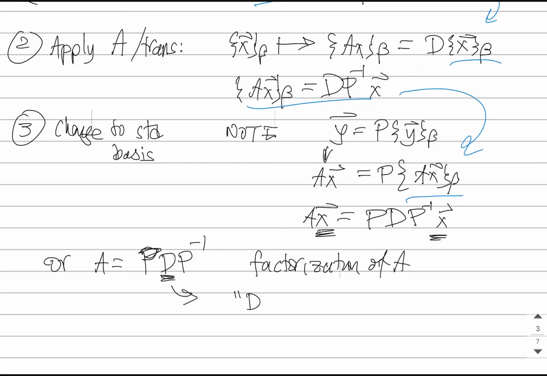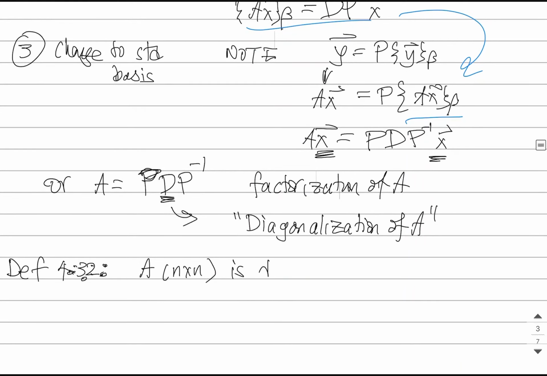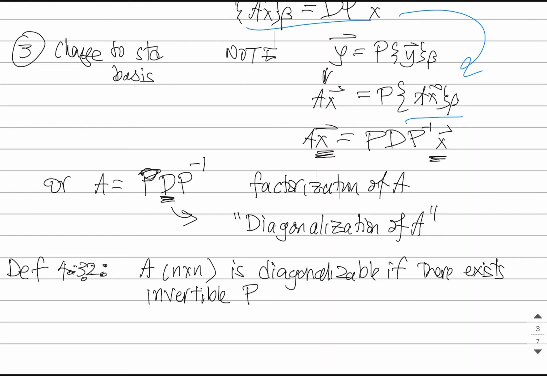We are going to call this a diagonalization of A. A, which is an n by n matrix, is said to be diagonalizable if there exists some invertible matrix P, and that has to be a square matrix by definition of invertible, and a diagonal matrix D such that A equals P, D, P inverse.